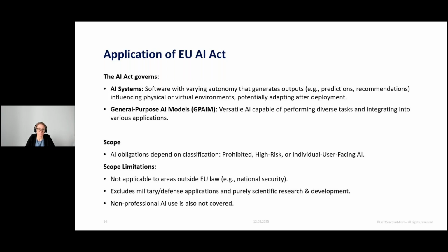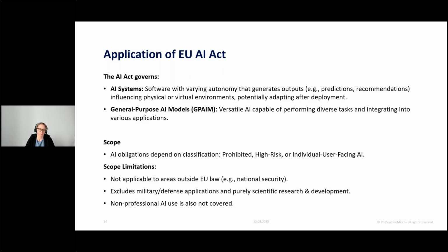Then there are also general purpose AI models mentioned, and those are, as we explained before, versatile AI technologies and systems that are capable of performing diverse tasks and integrate into various applications, so human interference, etc. The EU has chosen to have some definitions, which are also broad, but it's more narrowing AI systems and AI technologies down.